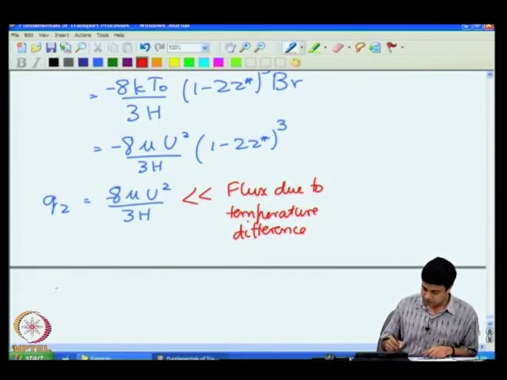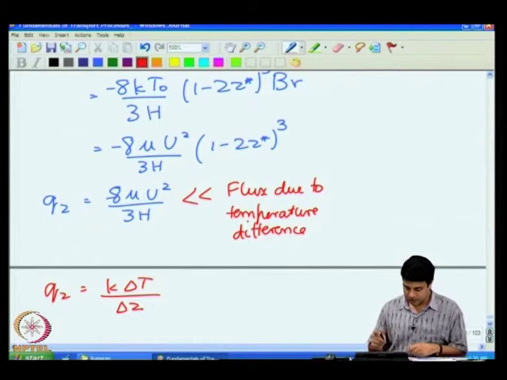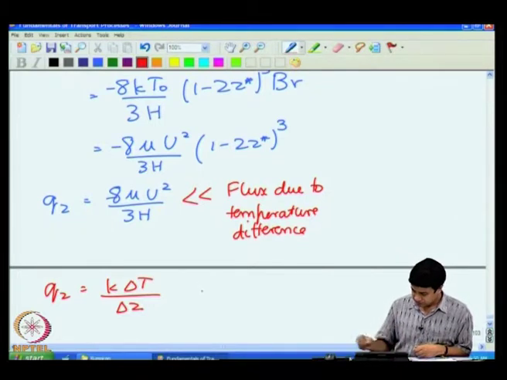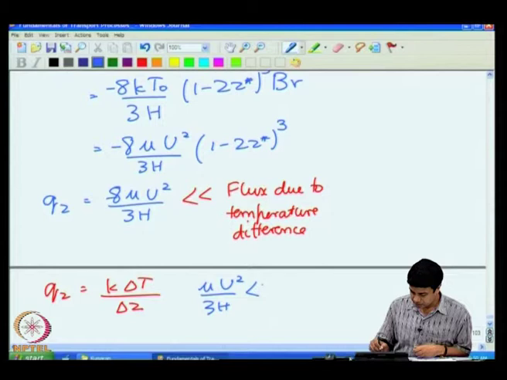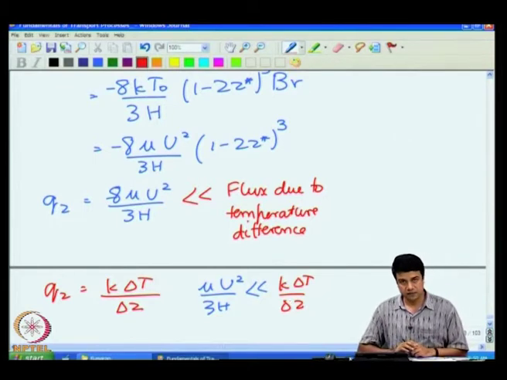What is the flux due to the temperature difference? Qz is equal to K delta T by delta Z, where delta Z is the thickness of the tube wall. Therefore, I require that mu u square by 3 h is small compared to K delta T by delta Z, in order to be able to neglect the viscous heating in comparison to the actual energy transfer across the tube wall.